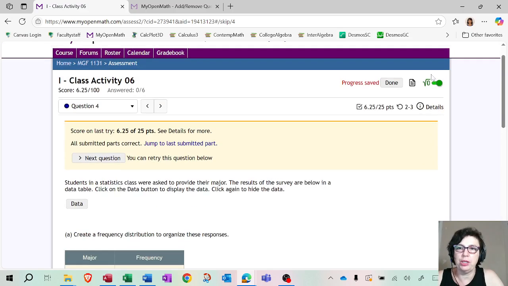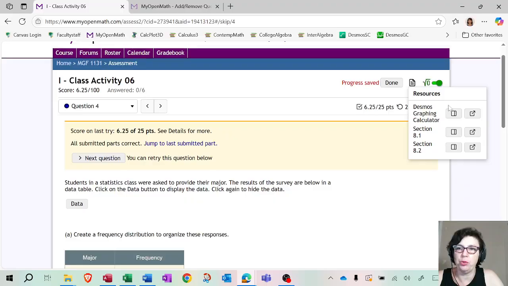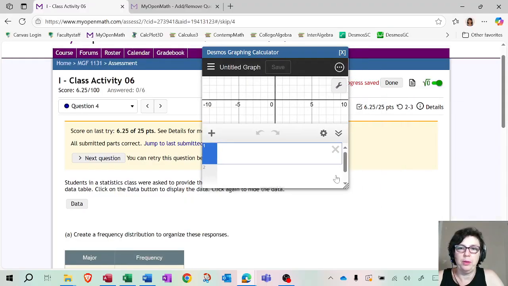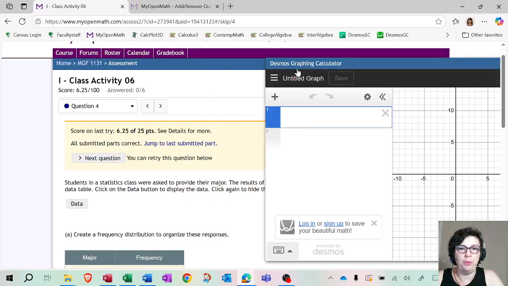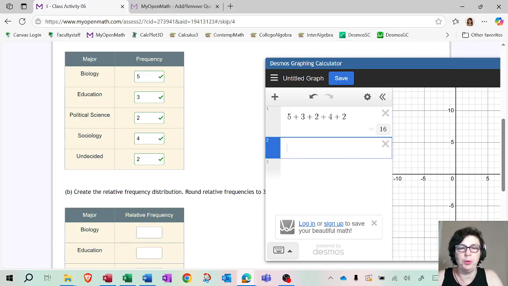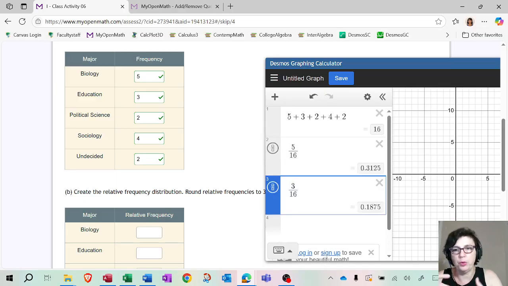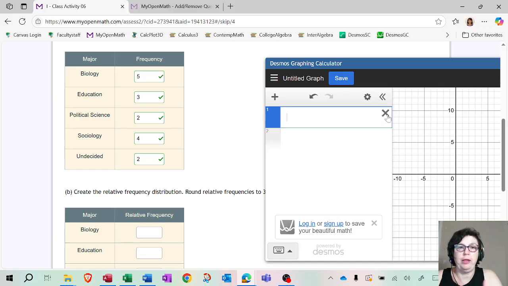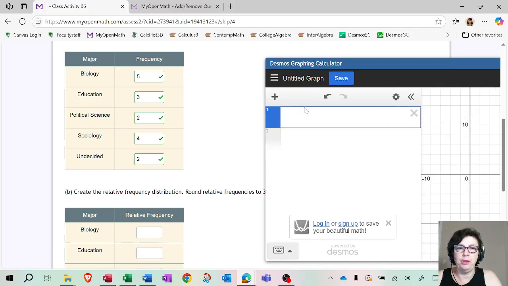If you had just a simple calculator, you would add them up and get 16. So this was a 16 person data set. Then you would divide each number by 16 and round. Of course, if you only have 5 categories, it's not that long. But what if you had 10, right? That would be really time consuming.